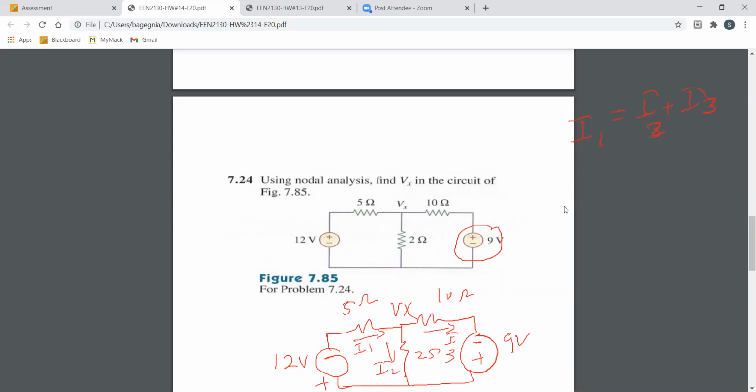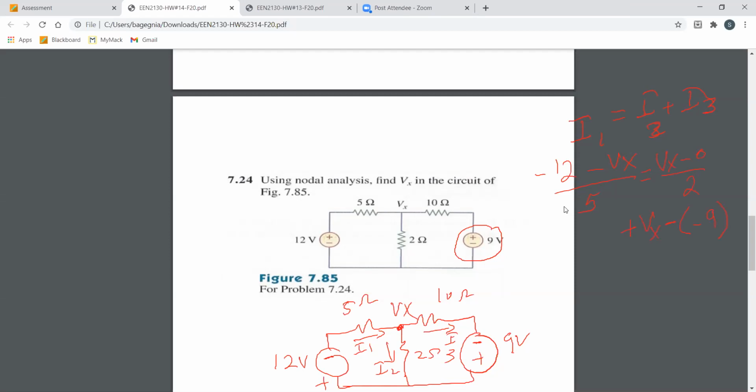So you have to say minus 12 minus Vx over 5 equals I2. So I2 goes from Vx to the ground, which is 0 over 2. Plus I3 goes from Vx minus, okay, and then minus 9.